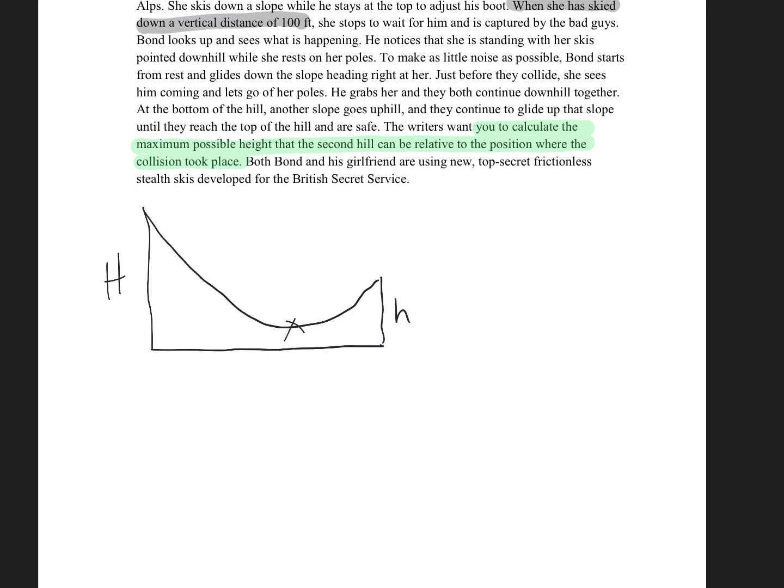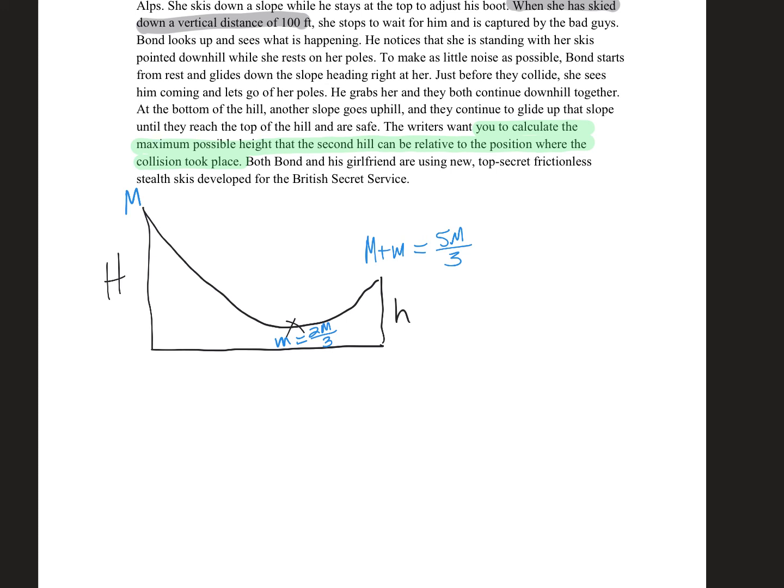So we have the mass of James Bond. Here we have the mass of his love interest, which was 2/3 of his mass, which means we have at the top the sum of those two masses, which has to be 5/3. 3/3 plus 2/3 is 5/3.